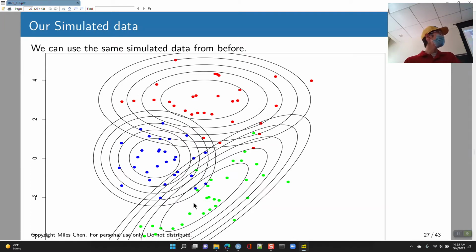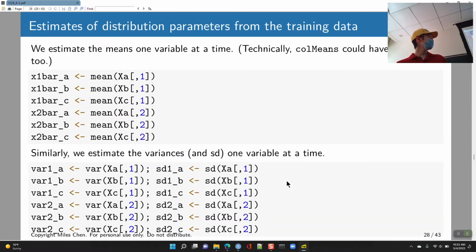So if we have x1 and x2 independent, when we estimate, what will our ellipses look like? What happens is that the major and minor axes of the ellipses are parallel to the axes.